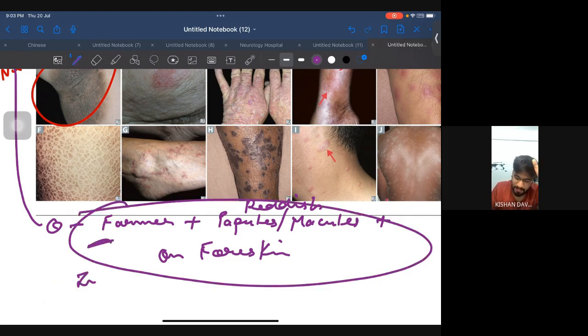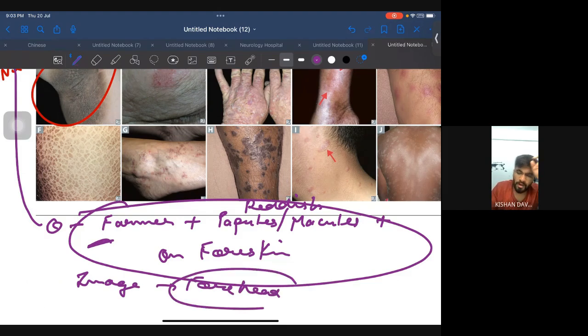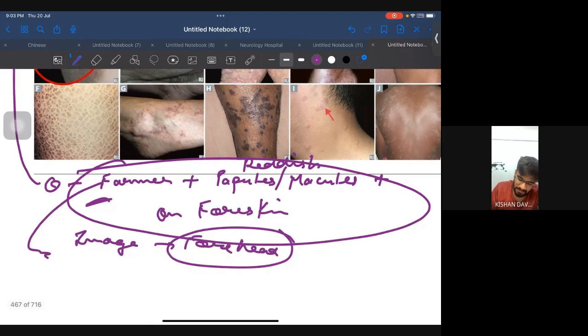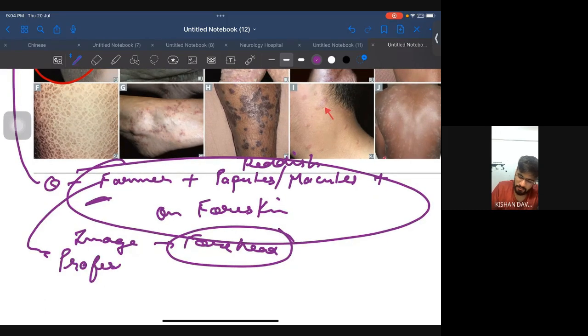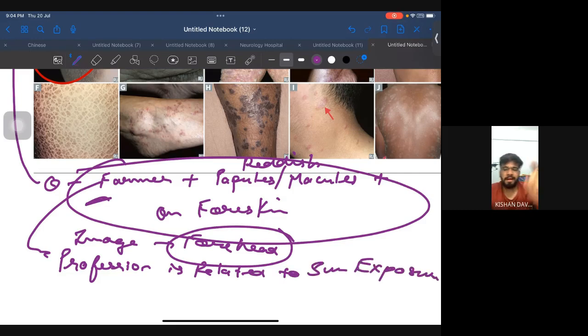Okay, and in the image, look at the forehead properly. There will be red, small depositions. If a farmer is given, or if the patient says that the profession is related to sun exposure, okay, think about actinic keratosis.